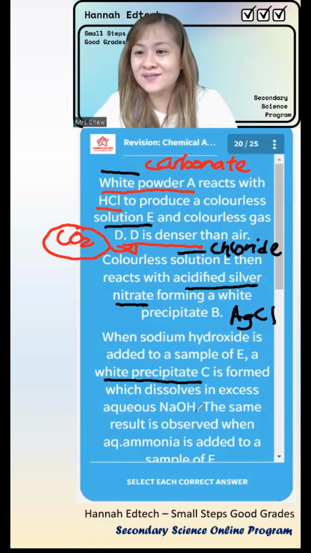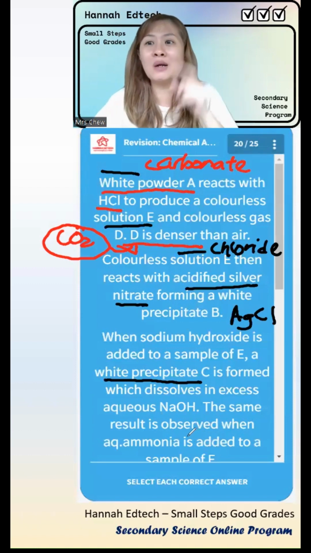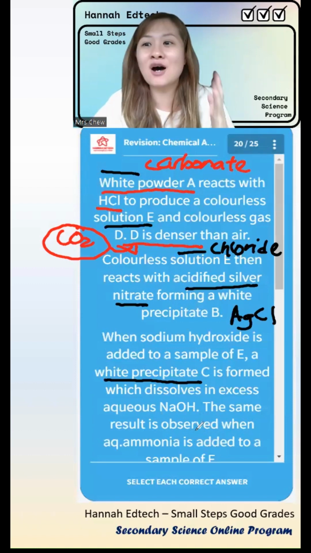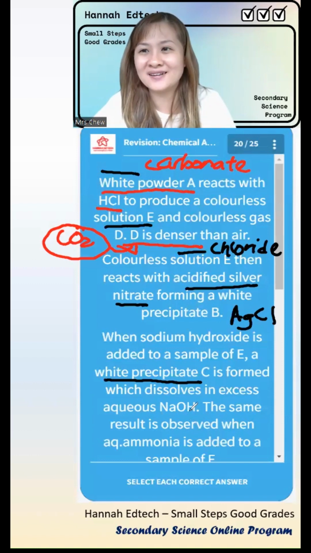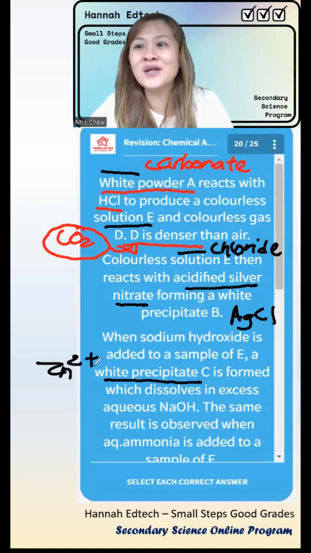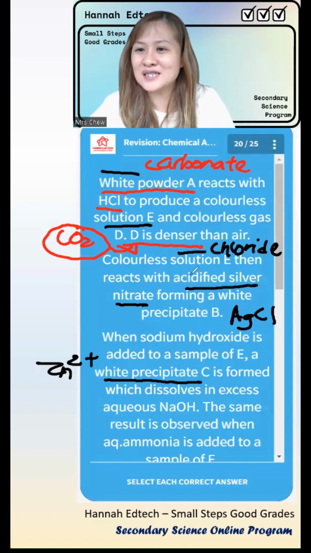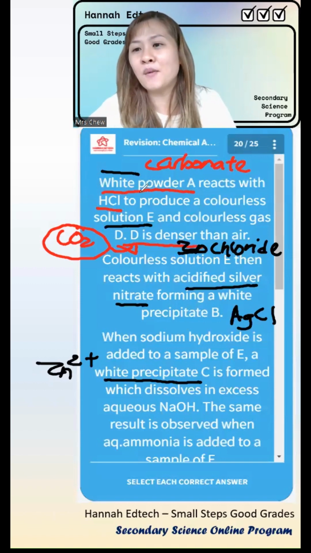And not only that, the same result is observed when aqueous ammonia is added to the sample of E. So there is only one white precipitate that dissolves both in sodium hydroxide and aqueous ammonia, and that is zinc, Zn2+.